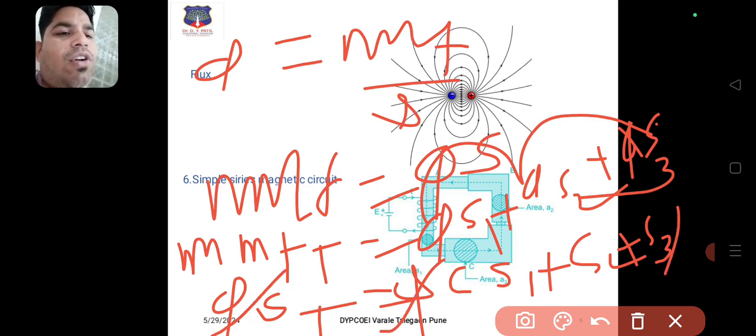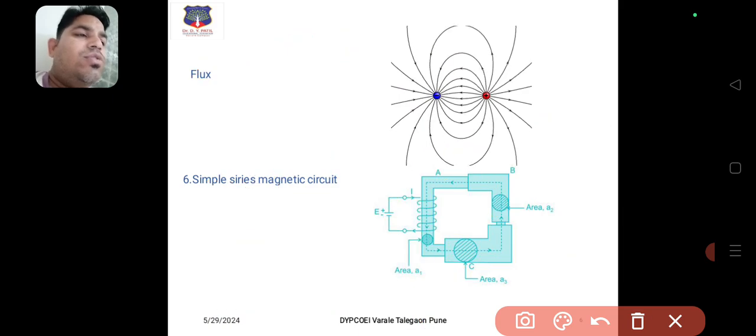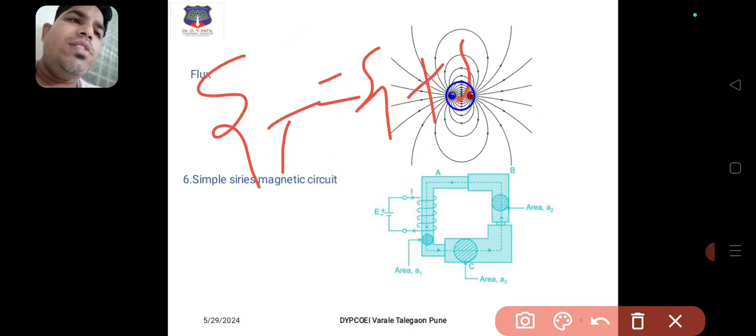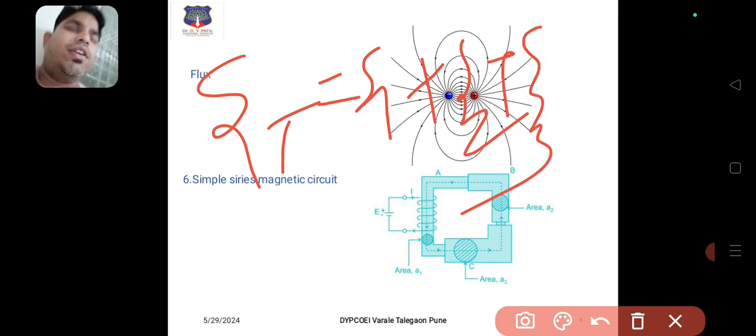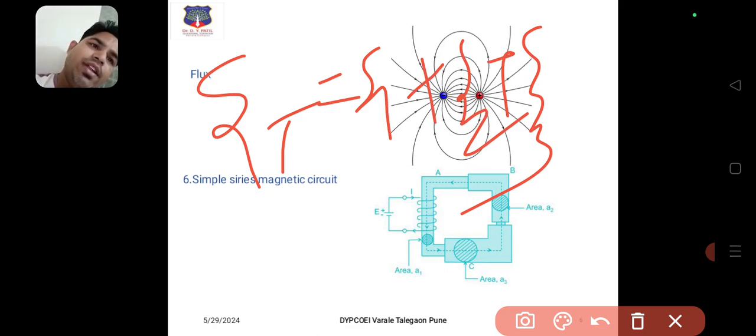Phi cancels, so we get St is equal to S1 plus S2 plus S3 in the case of a simple series circuit.